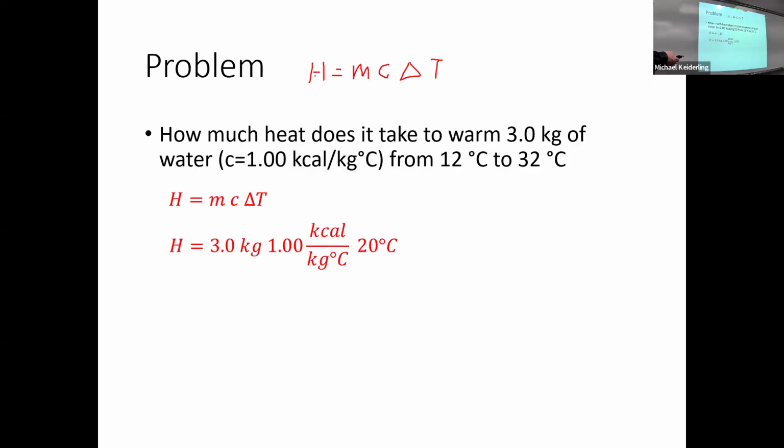Our change in temperature is our final temperature minus our initial temperature. We're going up by 20 degrees. So our mass is 3 kilograms. Our heat capacity C is 1 kilocalorie per kilogram degree C. And our change in temperature is 20 degrees C. So this is 3 times 1 times 20, that's 60 kilocalories.